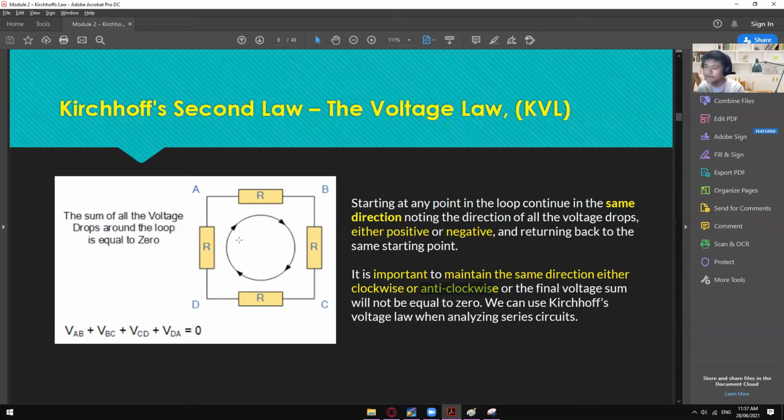So if that happens, just make your result positive, and then reverse the rotation of your first assumption. Okay, so from this into this. But if your first assumption is correct, then no need to change the polarity, or the sign of your result, because it will give you the same result, clockwise or anti-clockwise.